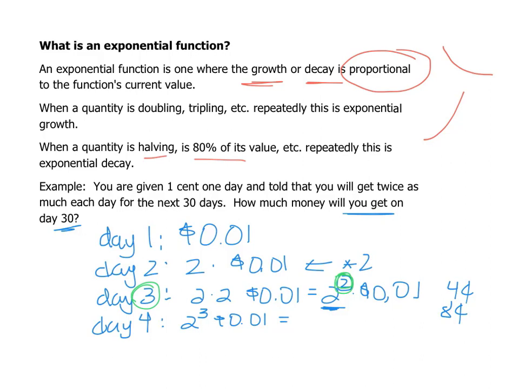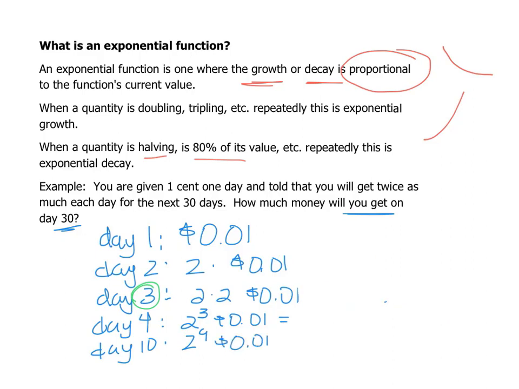So it doesn't look like we're getting very far. We may not end up with very much money, but the deal with exponential growth is it grows really fast once it gets going. If I thought about day 10, this would be 2 to the 9th times that 0.01. The thing we were looking for was day 30. So we can do that now without actually doing any more work. Day 30, we would get the 1 cent, and we would multiply that by 2 to the 29.